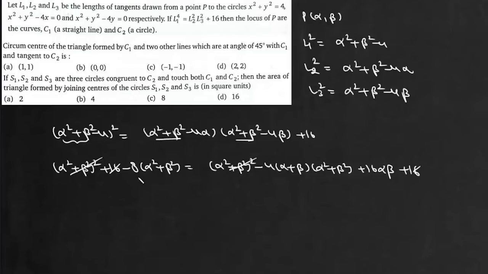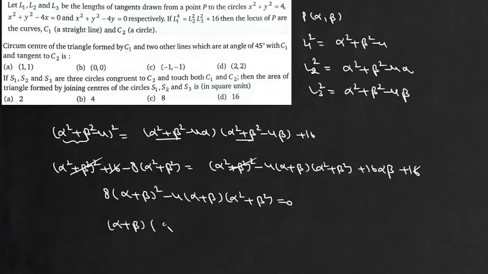Now we'll take 8 (alpha plus beta) whole square on the right hand side, then we can write this is 8 (alpha plus beta) whole square minus 4 (alpha plus beta) into (alpha square plus beta square) equals 0, and here we'll take 4 common, then we can write (alpha plus beta) into (2 alpha plus 2 beta minus alpha square minus beta square) equals 0.